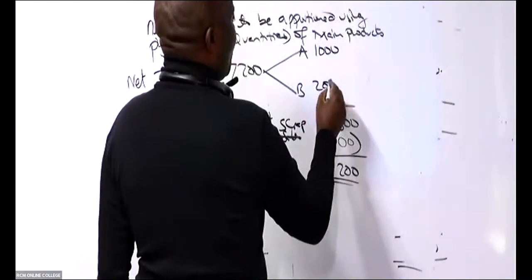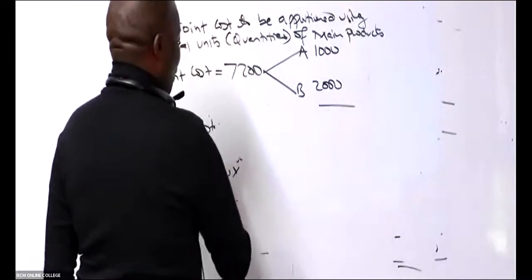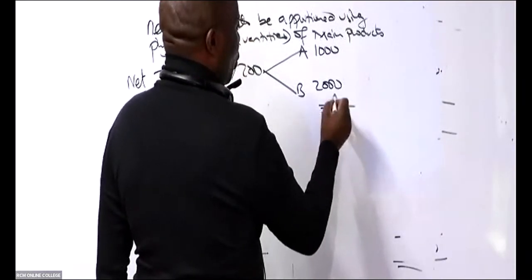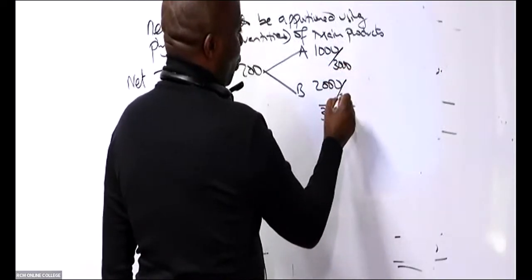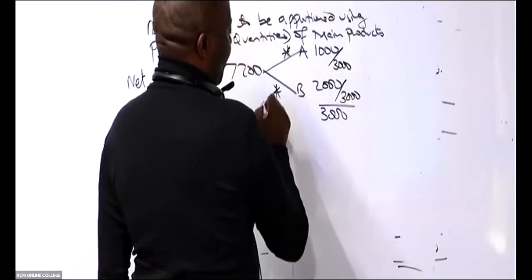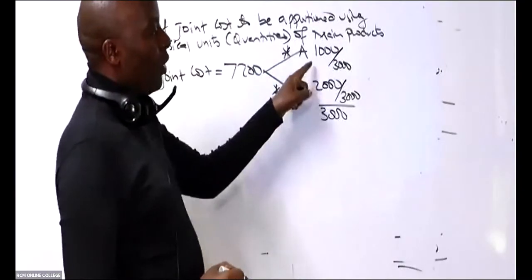If you add the two, you will get 3,000. So proportion-wise, this will be 1,000 over 3,000, and 2,000 over 3,000. Now you can do your multiplications. So you take 7,200 times 1 over 3.